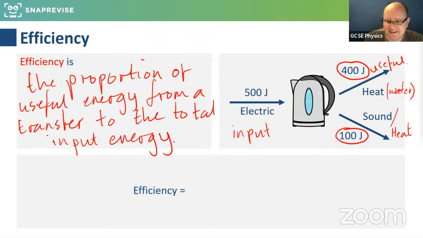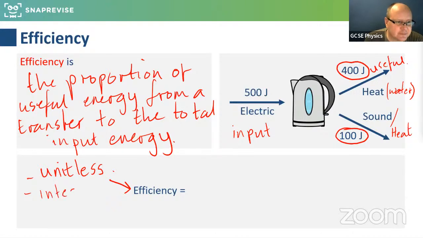Thank you. So in general terms, efficiency is a unitless number because we are always dividing energy by energy, or in some cases, power by power. So it's unitless. It'll give you a number between 0 and 1. But if you multiply by 100, it'll give you a percentage.